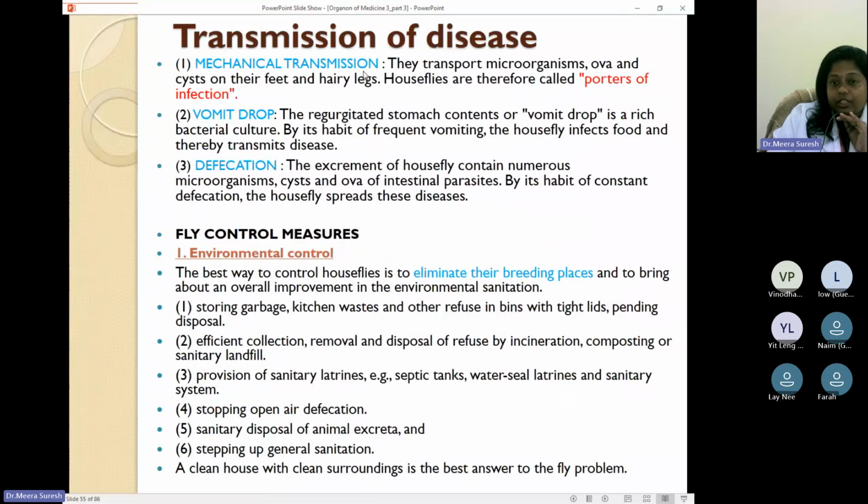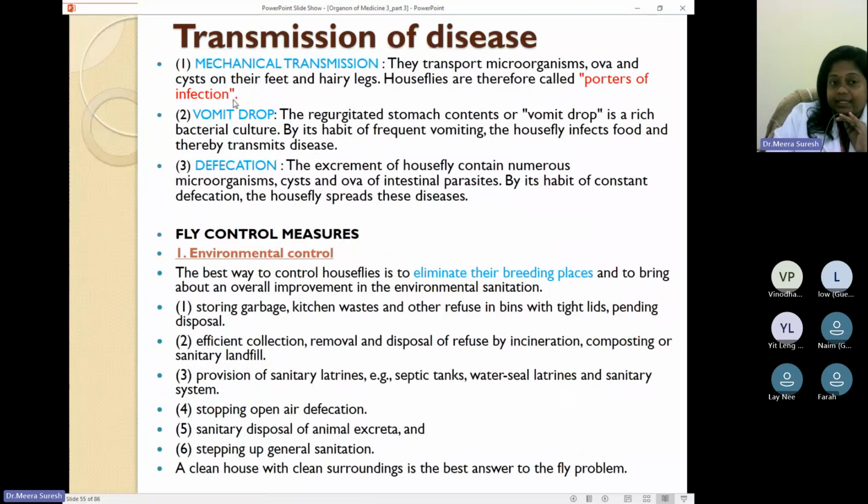Because they are constantly moving between the food and the filth, you can read that as garbage or the excreta or whatever, they transport the microorganisms, the ova, the cyst on their feet and hairy legs. So houseflies are therefore called porters of infection.